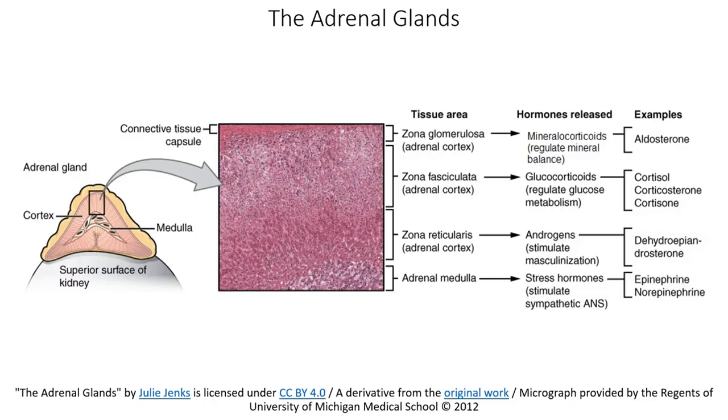And so what happens with those long-term stress responses is the hypothalamus is going to secrete this corticotropin-releasing hormone, which is going to release adrenocorticotropic hormone, and that is going to release all of these other glucocorticoids. And so the overall effect here of these is to stop building tissues.